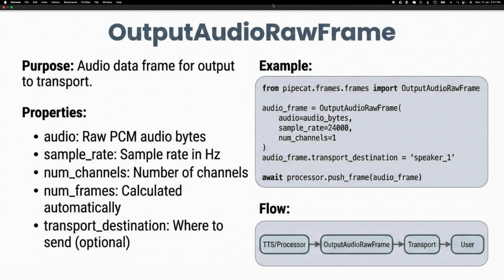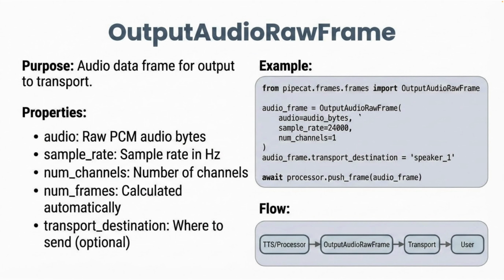So we have one example where we are importing output audio raw frame, and we are giving the audio bytes, sample rate, and number of channels. Number of channels for a voice agent is generally one, like when we are on a call with a voice AI agent.